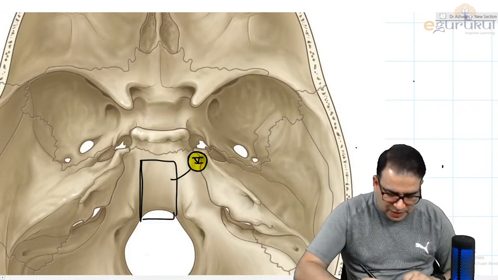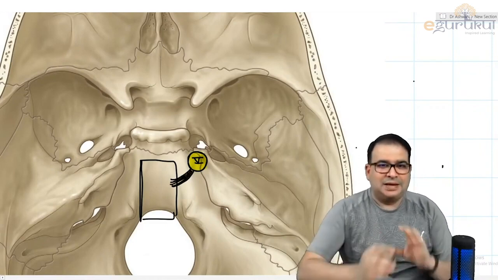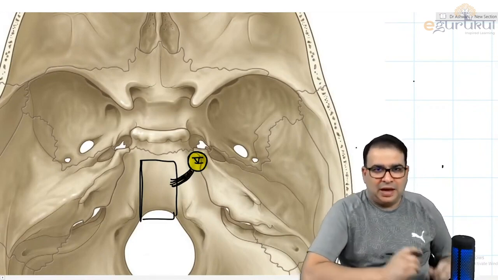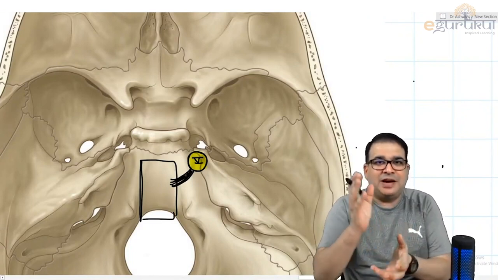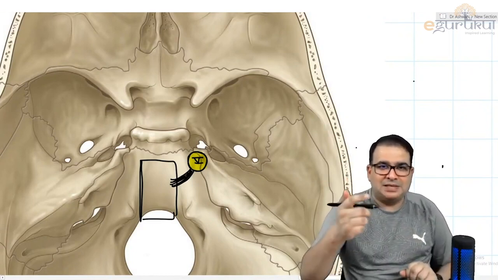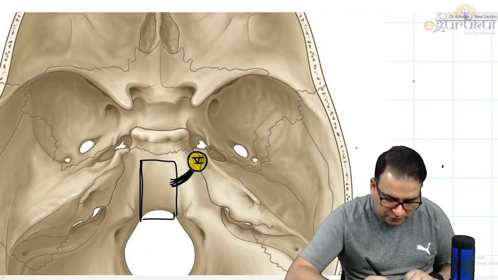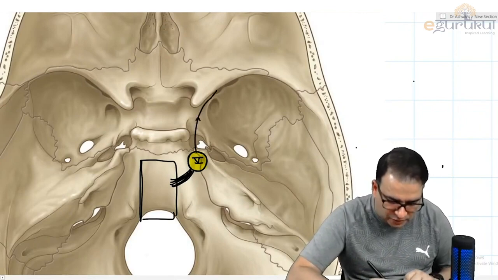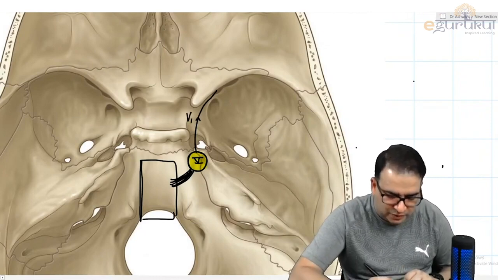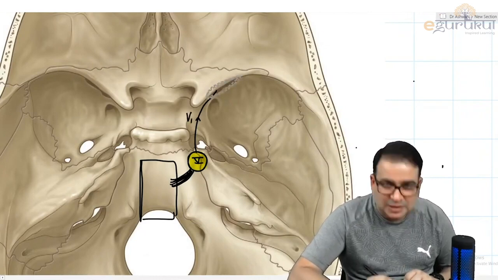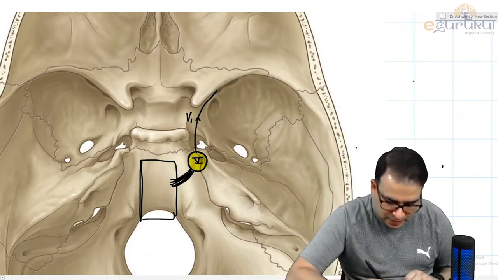So obviously brainstem will give off the trigeminal nerve. From the brainstem, the trigeminal nerve will come out. Then it is going into the trigeminal ganglion, and from the trigeminal ganglion, the nerve will divide in three parts: ophthalmic, maxillary, mandibular. But the ophthalmic nerve will go into this fissure, which is called a superior orbital fissure. That is V1, ophthalmic nerve. And can you see a fissure over there? That is called a superior orbital fissure.